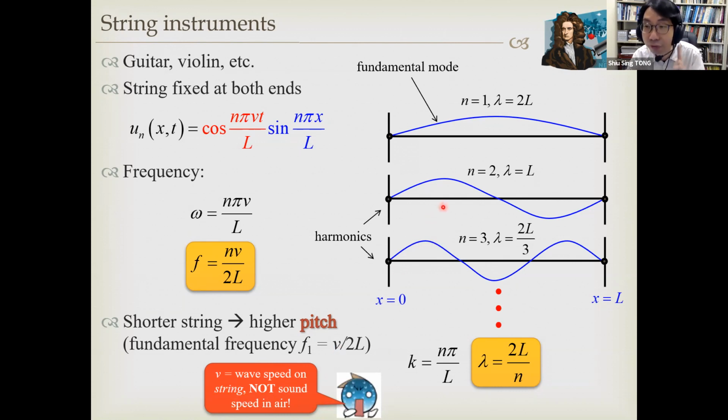So v here refers to the velocity of the waves on the string, but not in air. It is the string that vibrates the surrounding air to give you a sound, but the velocity in the frequency we are referring to here is the speed of the wave on the string, not the sound wave. So you must be careful.